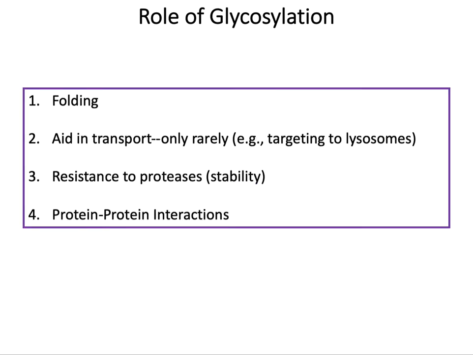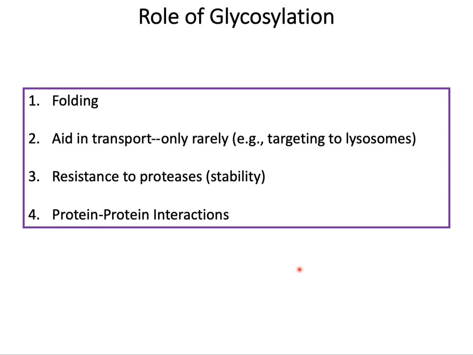So the last point we want to make is: why glycosylate these proteins at all? It is not really known for sure why these proteins are glycosylated, but it is hypothesized that glycosylation participates in the folding of the proteins. For example, these large sugar modifications on these proteins can control or regulate the way these proteins fold, which can be important in their function.